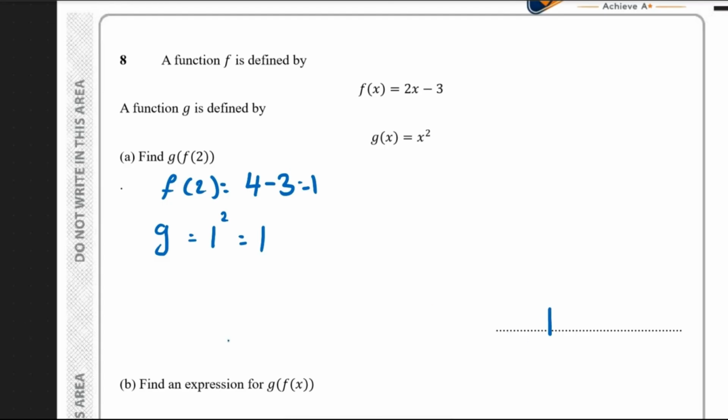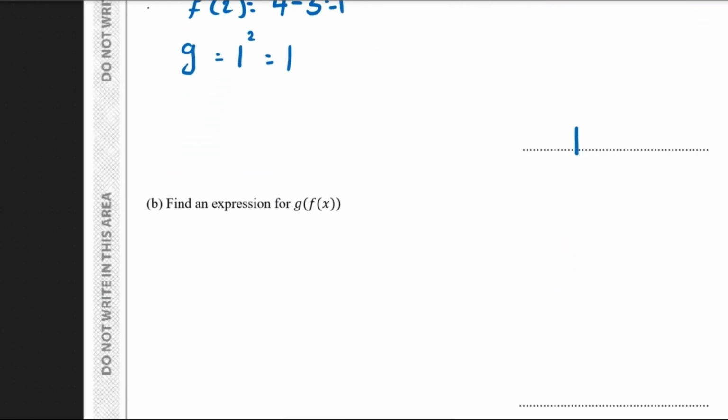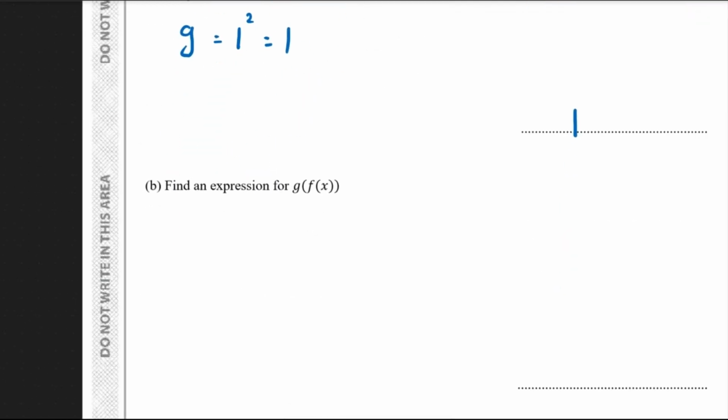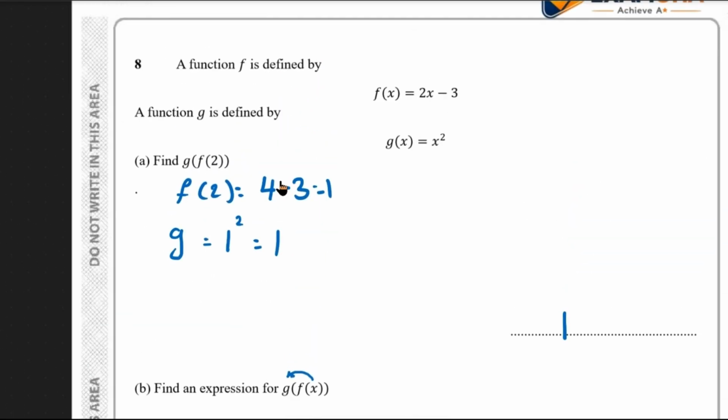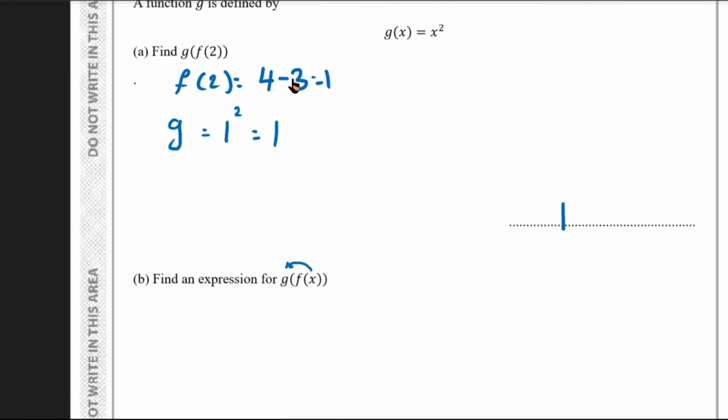And then it's asking you to find an expression for g of f(x). So again, we start from the beginning, from the inside, and then go to the outside. So f(x) here is 2x take away 3. So we replace the x in g, because it's asking for g here, by the expression for f(x). And g(x) equals x squared.